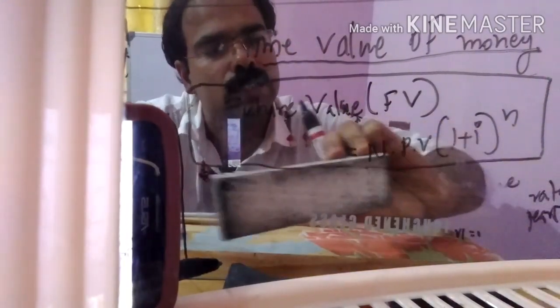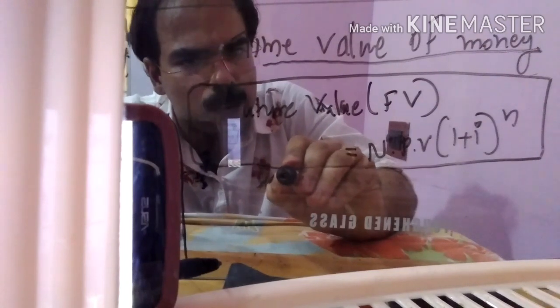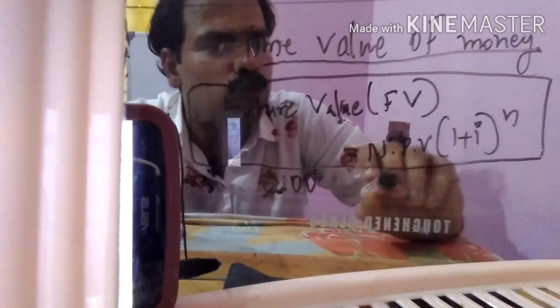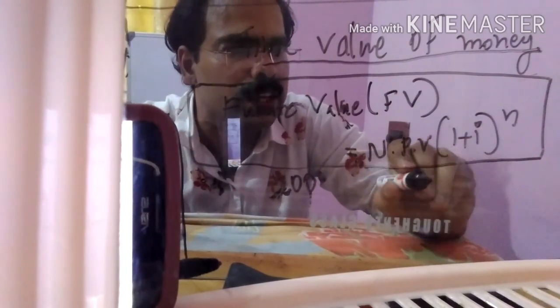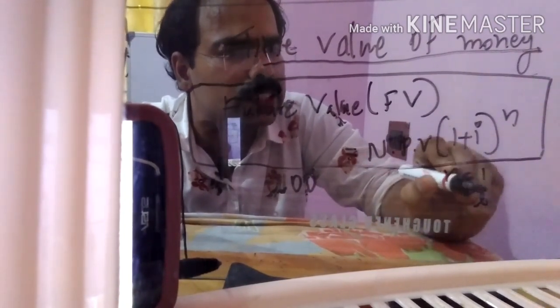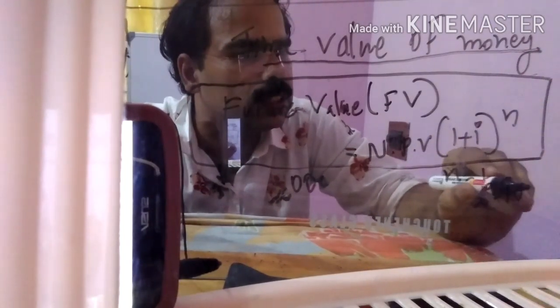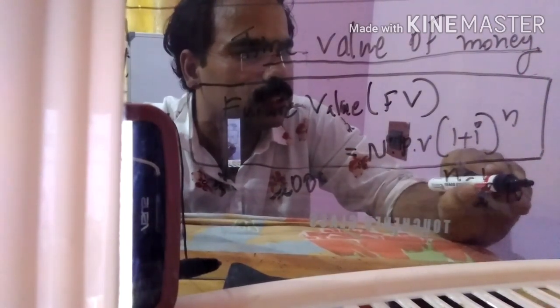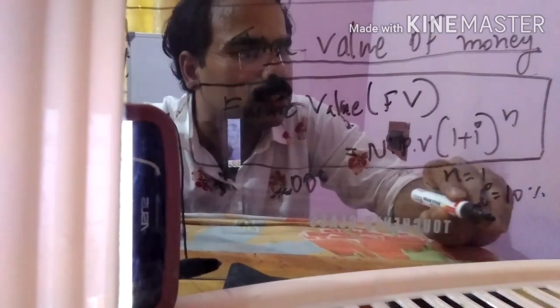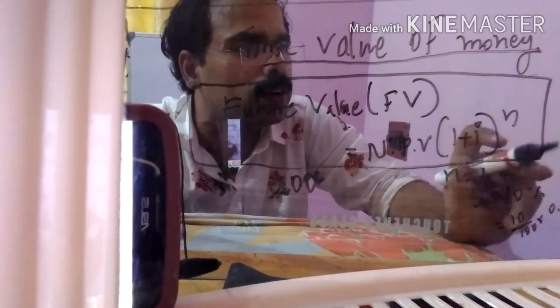This we can explain with an example. At present I have an amount of 100 rupees. After 1 year, n will be equal to 1, and if we consider the interest rate as 10%, that means 10 by 100 is equal to 0.1.